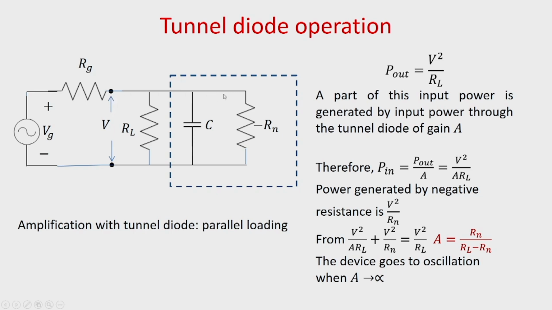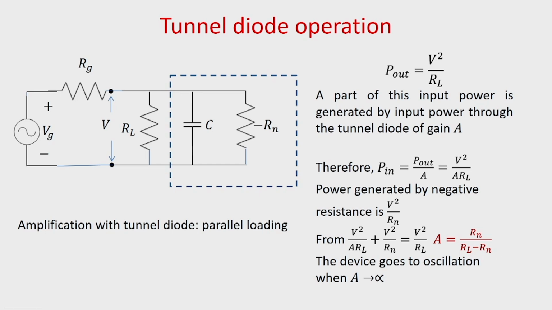So, V is common for the load as well as for the tunnel diode, and from there equating V square by A R L plus V square by R n equal to V square by R L, we can find out A to be equal to R n by R L minus R n.